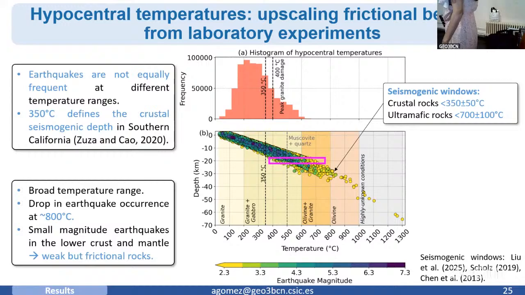And this might be due to the seismogenic window that has been obtained in laboratory experiments, which suggests that crustal rocks might have a seismic behavior at the 350 degrees isotherm plus or minus 50, and for ultramafic rocks, meaning rocks more similar to mantle, at 700 plus or minus 100. So we might actually be able to capture this transition.